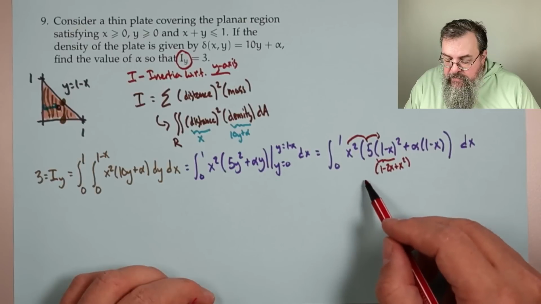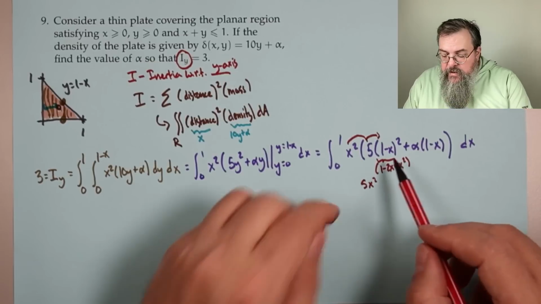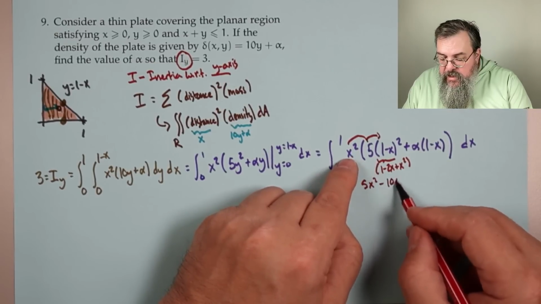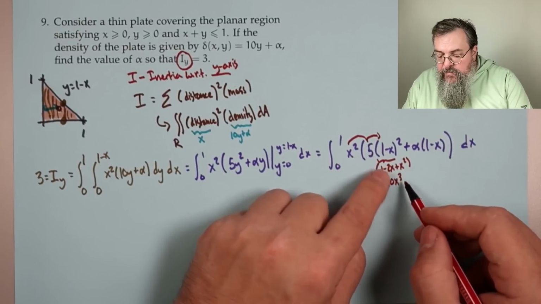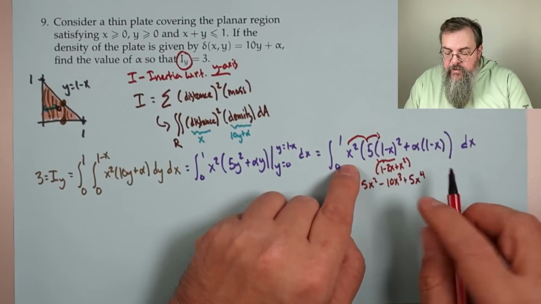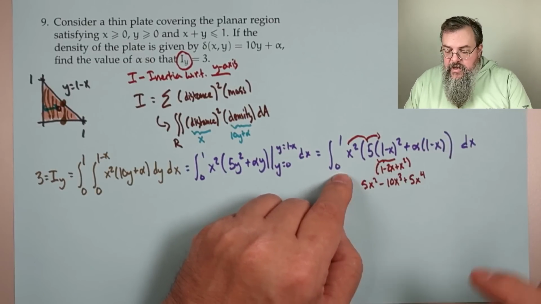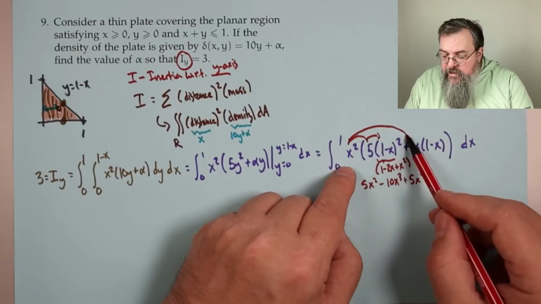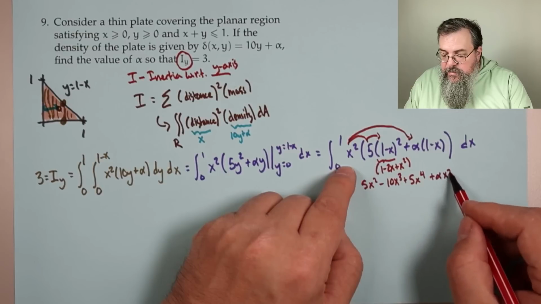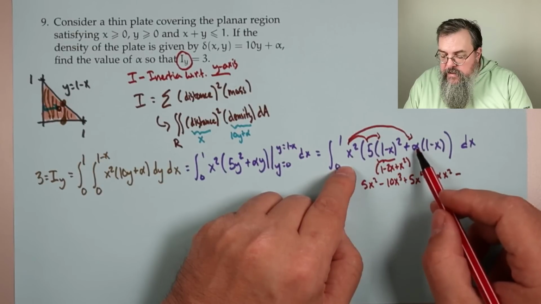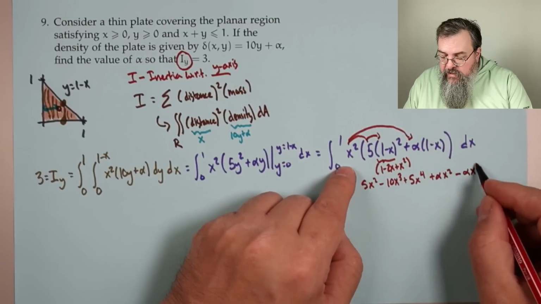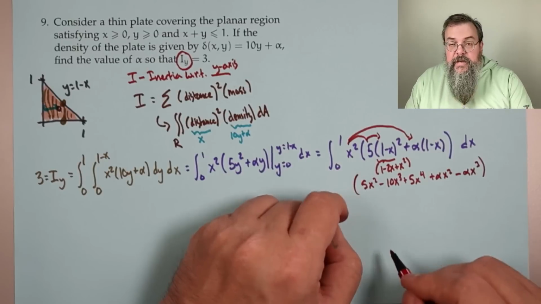So this would be 5x squared, right, that's x squared times 5 times 1, minus 10x cubed, right, x squared times 5 times 2x, and then plus 5x to the 4th, right, x squared times 5 times x squared. Then we also have the x squared coming into the alpha, so alpha x squared, and then we have minus alpha x cubed, right? x squared times alpha times x.